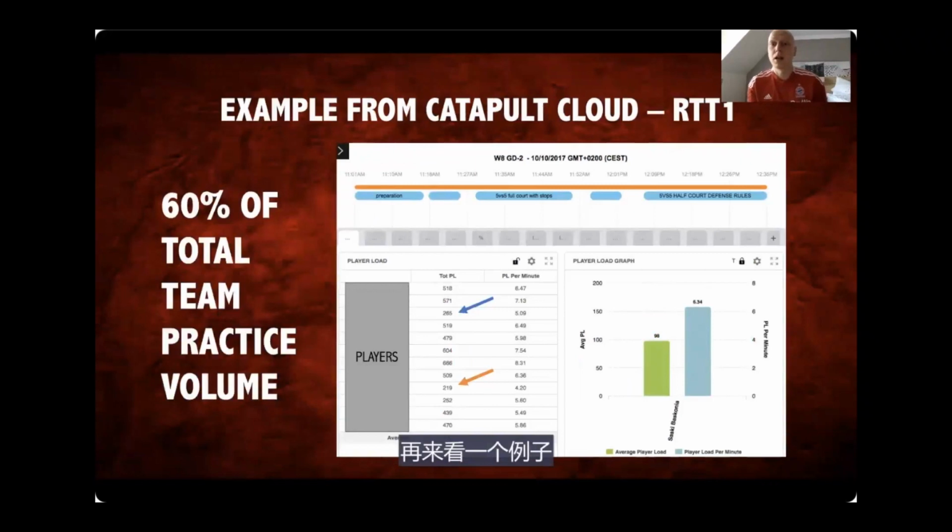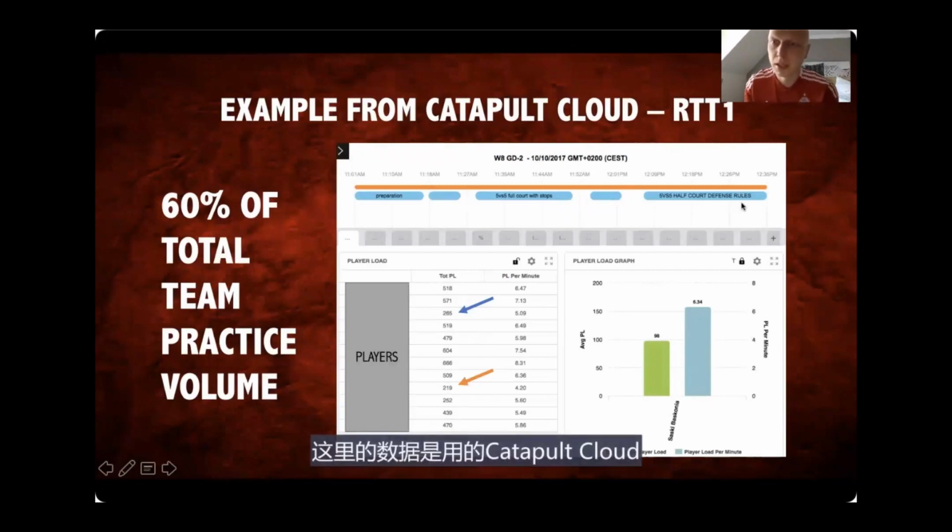Another example of how we controlled one player, and this is the blue player, the guy who was injured and is coming back to the team. This is an example from Catapult Technology Cloud. So we can see that this is the whole practice, starting from preparation to some drills, and then playing 5-on-5 on a full court and 5-on-5 on a half court.